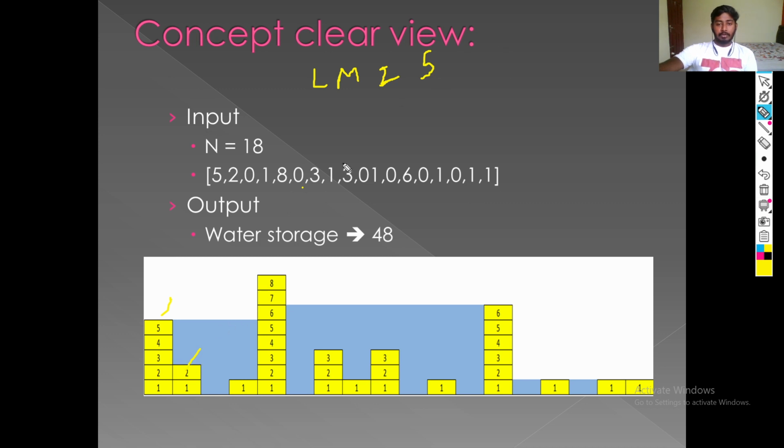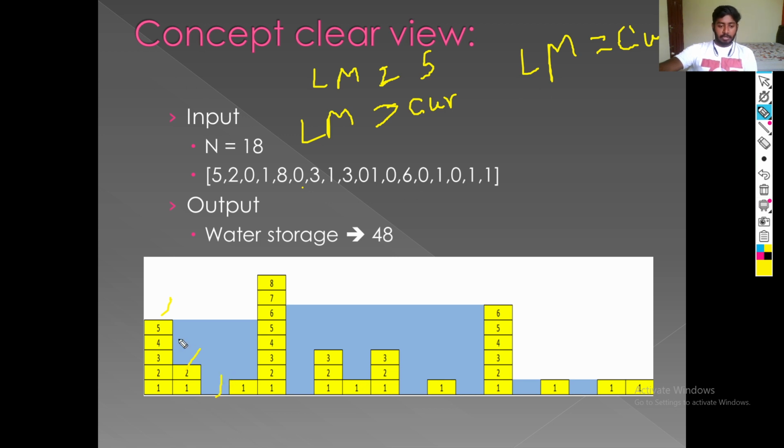If the current value is greater than left max, then left max is equal to the current value. You guys understand? If the value comes to 2, the left max is 5. Is 2 greater than 5? No, not at all. Then left max will be 5.